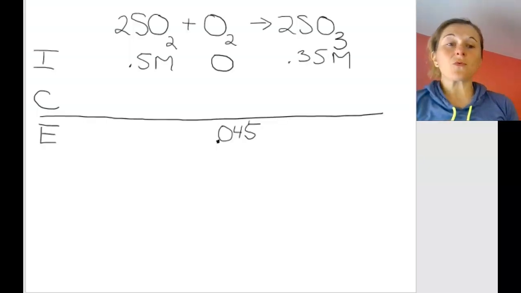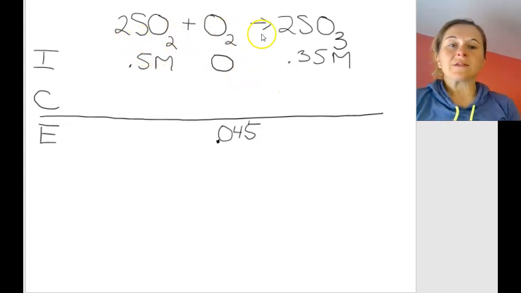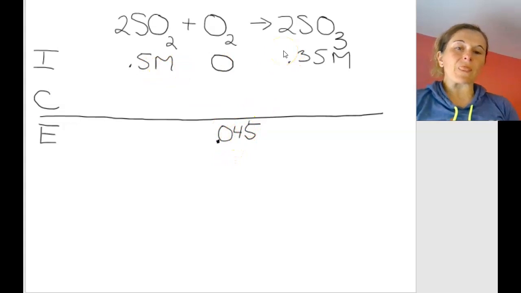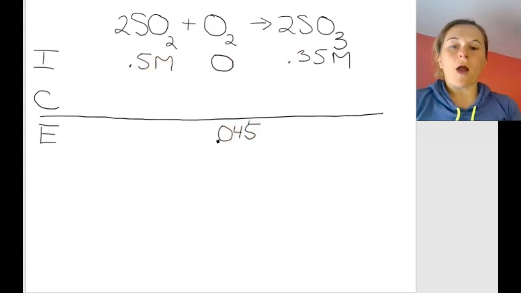Okay, so here we are taking a look at the problem. So I rewrote that equation up at the top, and I got my ICE here, put in the initial concentrations, and we were given the concentration of oxygen at equilibrium. So these are the things just given to us in the problem. So the first thing that I look at is that the concentration of oxygen is going from 0 at the initial time to 0.045.